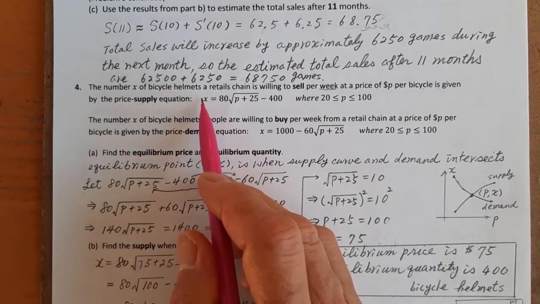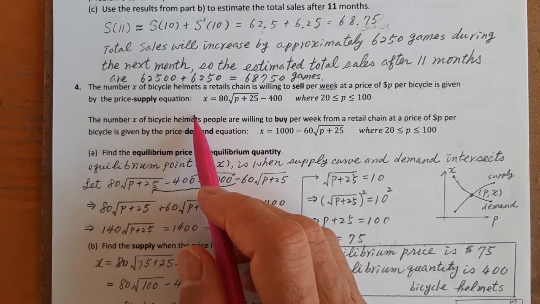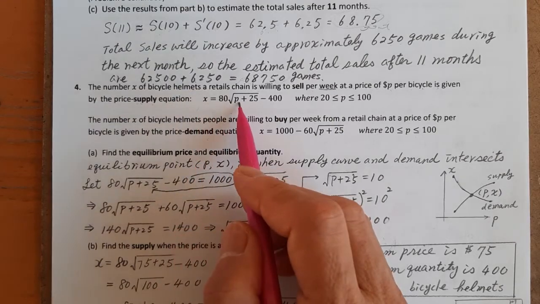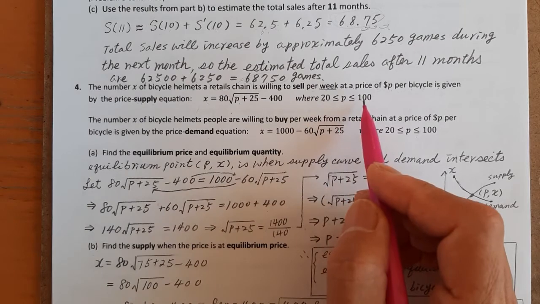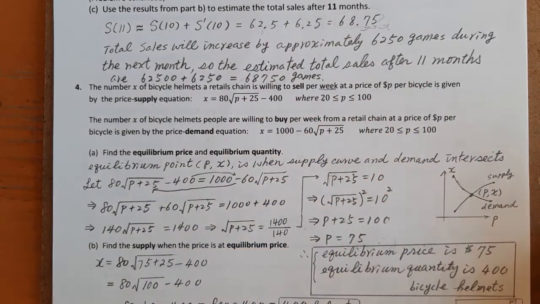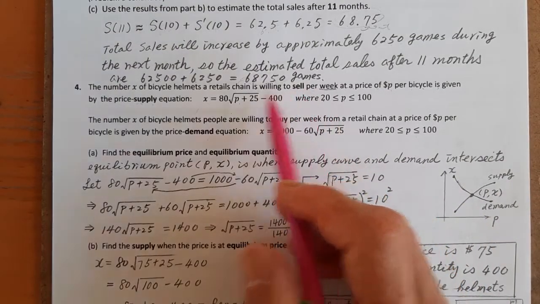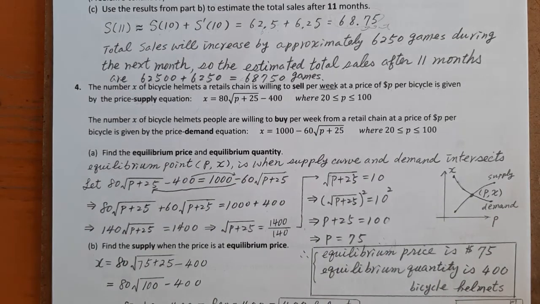X is how many helmets, P is price, and P is $20 to $100 per bicycle helmet. This is the supply function, because here it's to sell, and here is the supply.